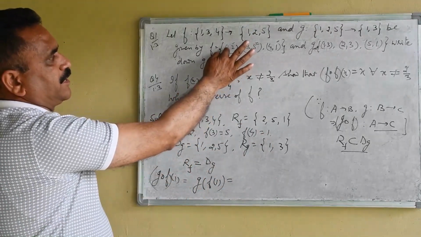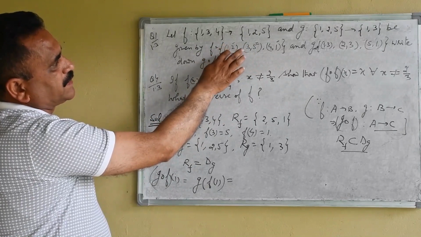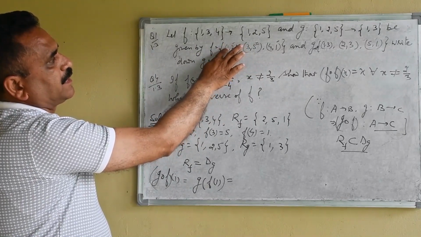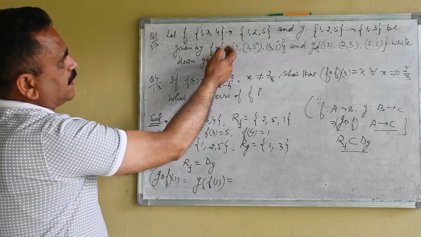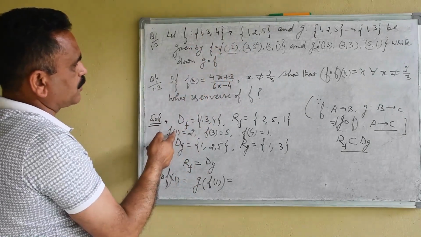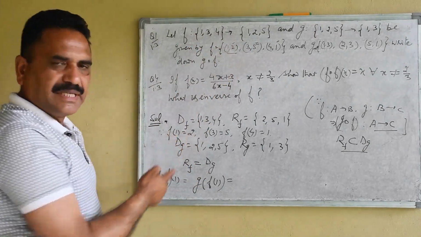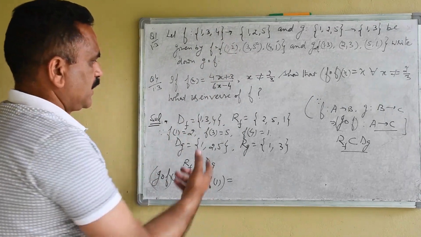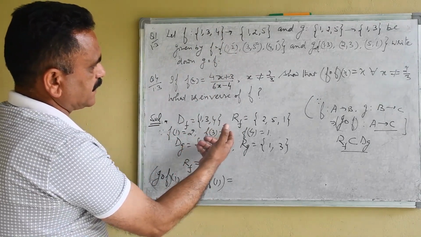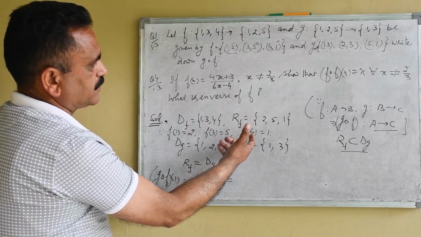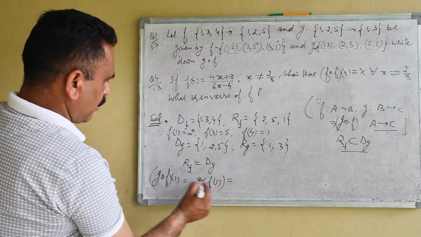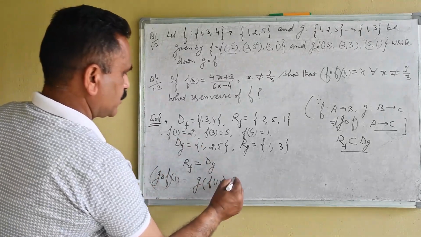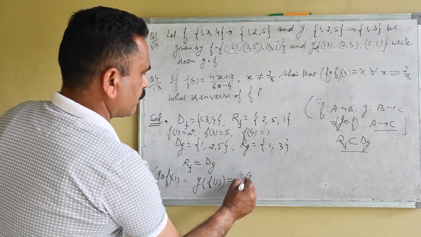What do we mean by this ordered pair? This is the element of the domain, this is the element of the range. That means in function f, if we substitute the value as 1, we get the image as 2, and when we substitute 3, we get 5, and when we substitute x as 4, then y will be 1. So g of f(1), f(1) is equal to 2, that means g of 2.